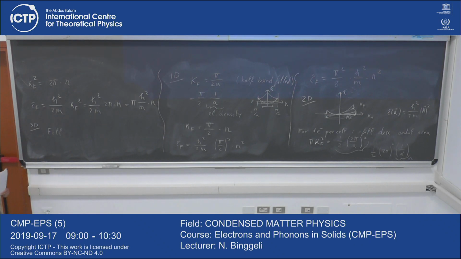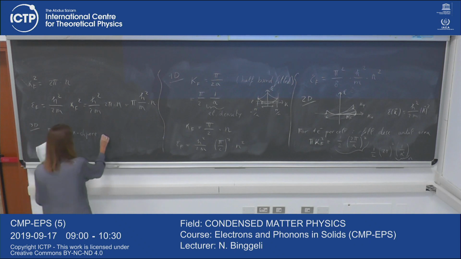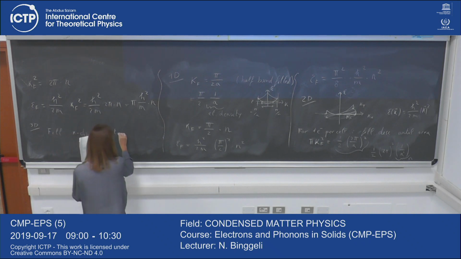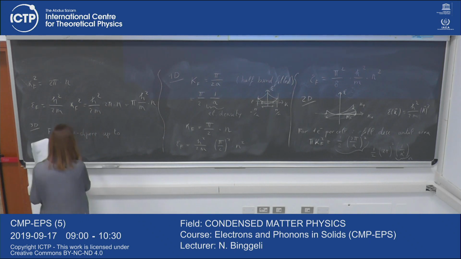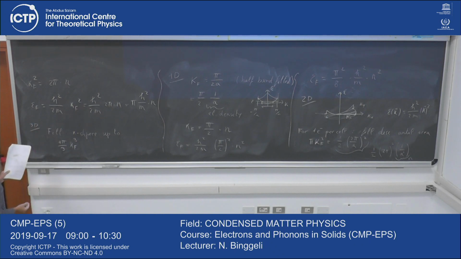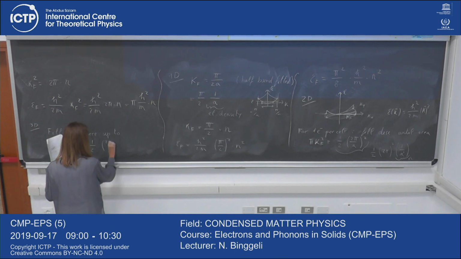So the Fermi surface will be a sphere, and I have to fill in K-space the K-sphere up to a Fermi momentum such that the volume of the sphere, 4 pi over 3 K Fermi cubed, is equal to 1/2 the volume of the Brillouin zone, (2 pi over a) cubed.